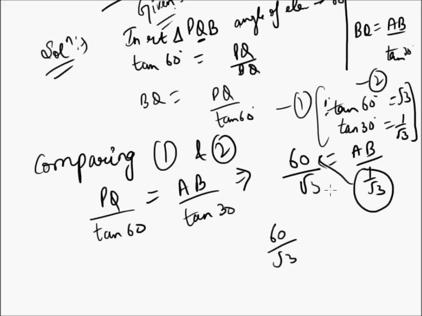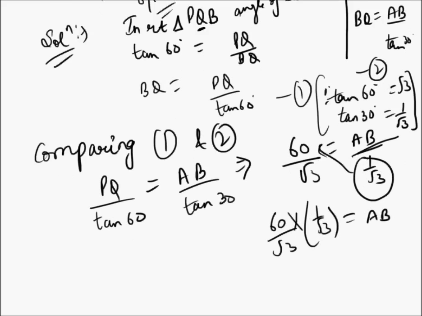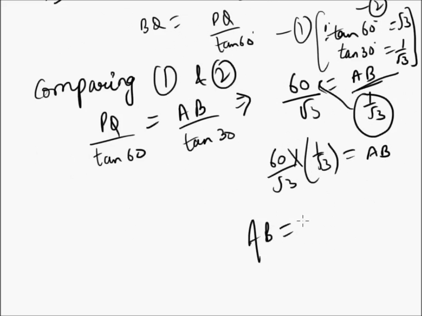Bringing this 1 by root 3 to this side, it becomes the multiple because here it was at dividing position. So we have AB as 60 over under root 3 into 1 into under root 3. So it will be under root 3 into under root 3, that is 3.